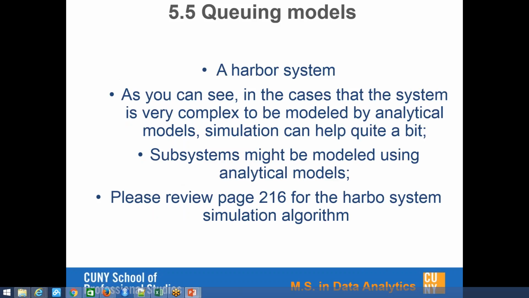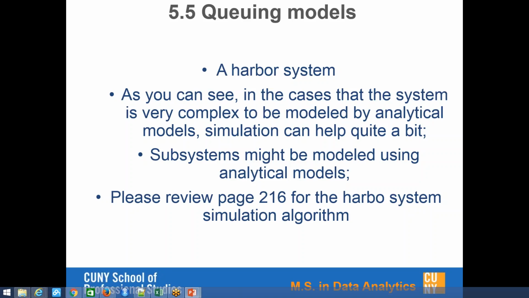And then for the queuing system, it talks about the queuing models. I provided a link in the week 4 material about queuing models. And in the discussion session, I also discussed some possible examples of queuing models.